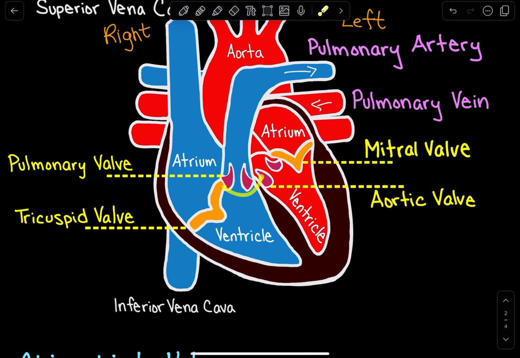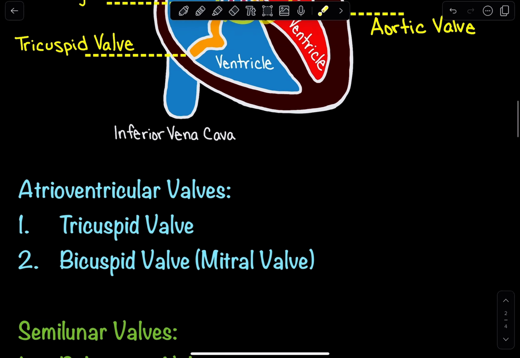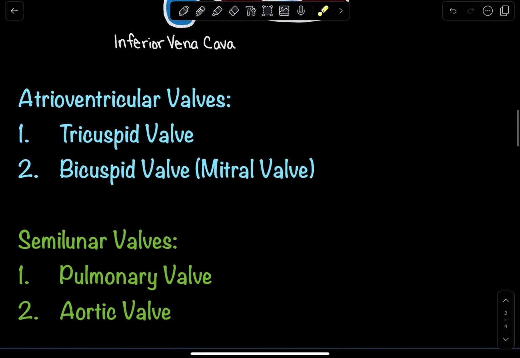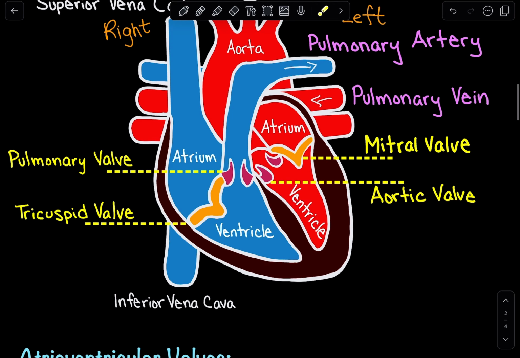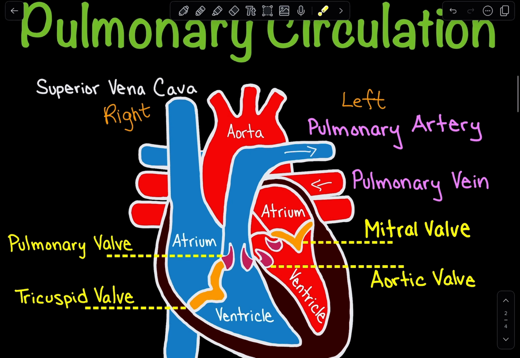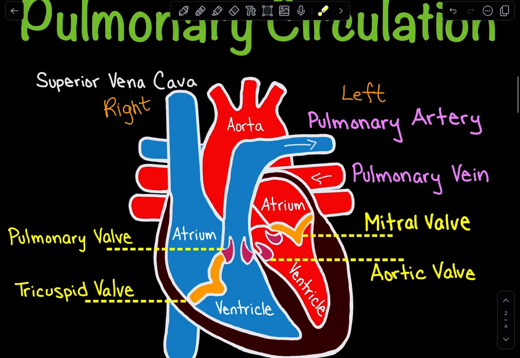So just be familiar with these variations in names because you can see them in textbooks and in other diagrams. But that is essentially pulmonary circulation. It follows how we can reoxygenate our blood through the help of the heart and the lungs to pump it off to the rest of the body.